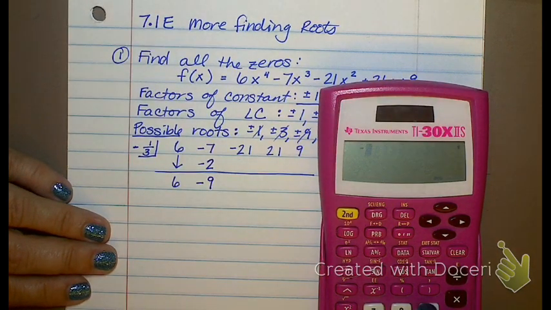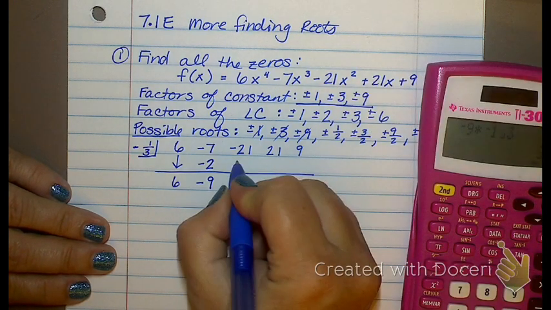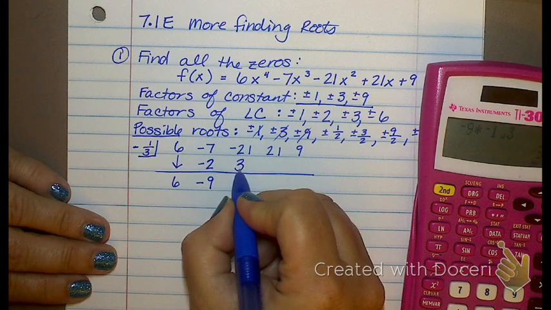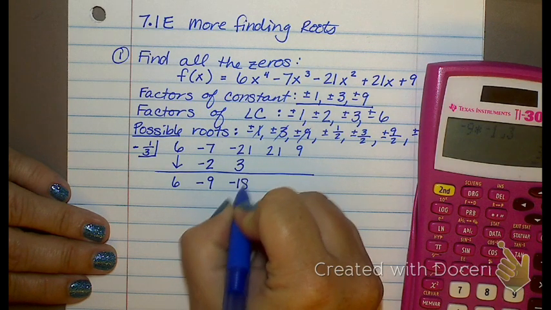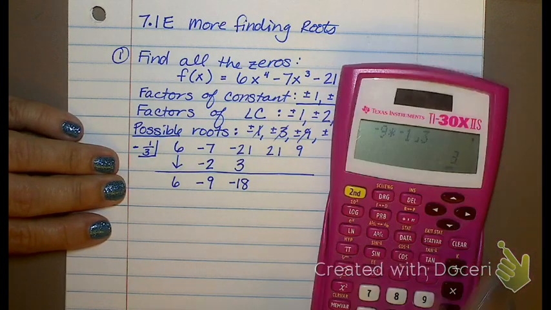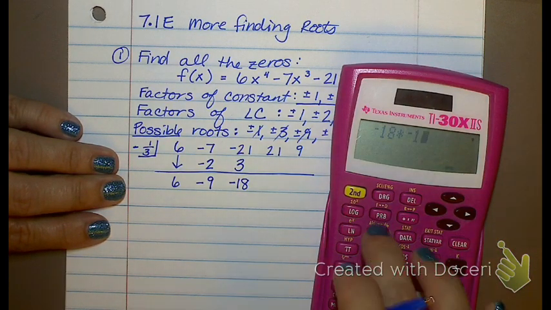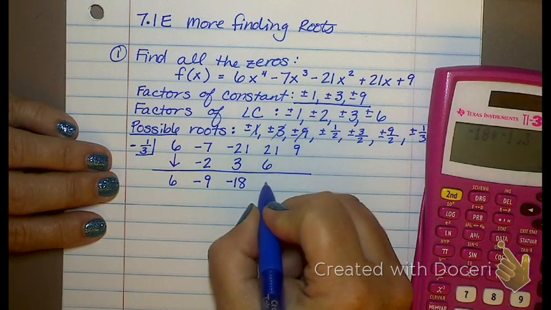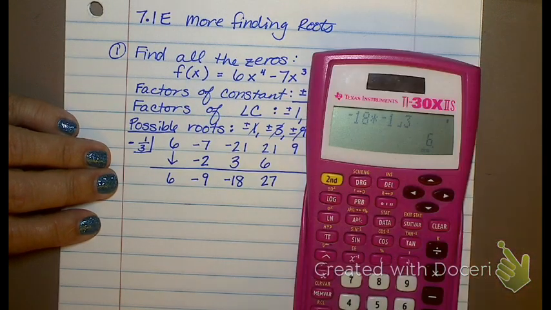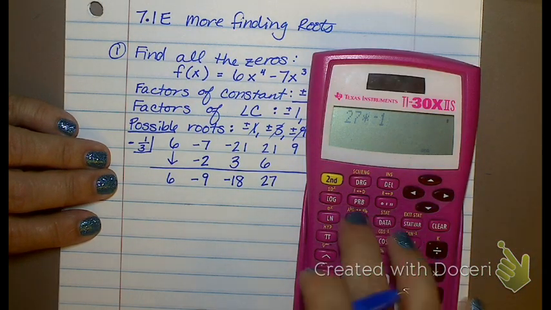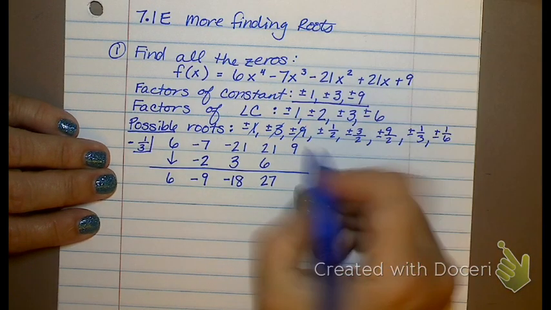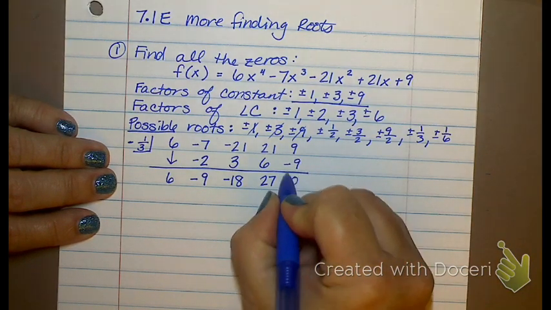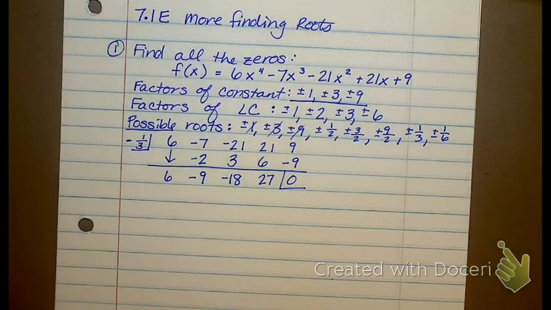What's -9 times -1/3? 3. -21 plus 3? -18, right? -18 times -1/3 is 6. 21 and 6? 27 times -1/3 is -9. There's my remainder of 0. Hallelujah. We picked the right fraction.